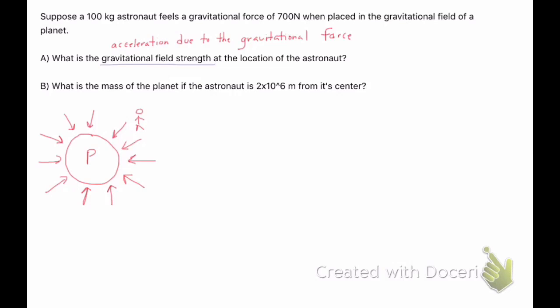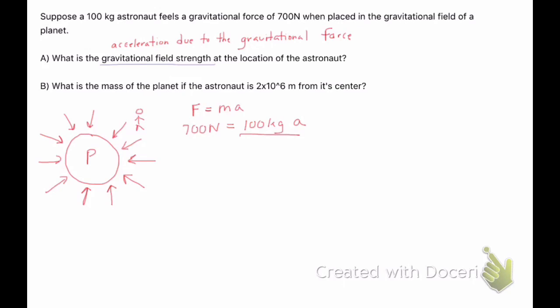We can use the equation of F equals ma, where the force is 700 newtons, and that is equal to the mass of 100 kilograms times the a, or in this case the g.